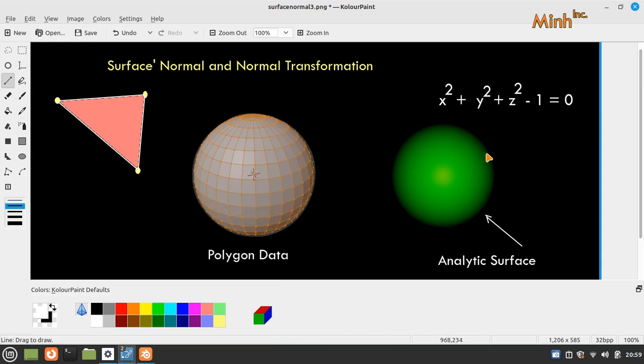At any point, what would be the direction of the normal? Here, at all points, the direction of the normal is the same. This is what we want to calculate.